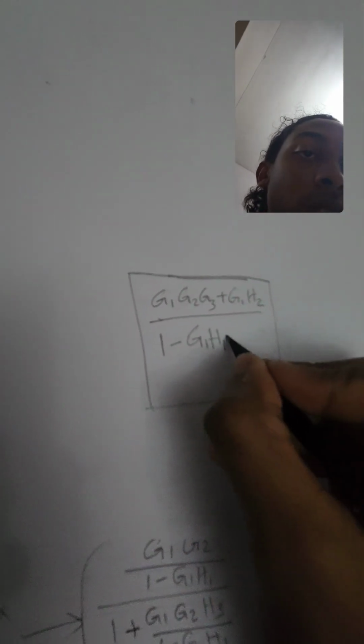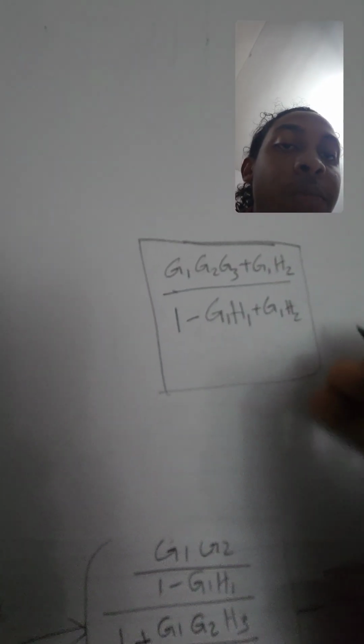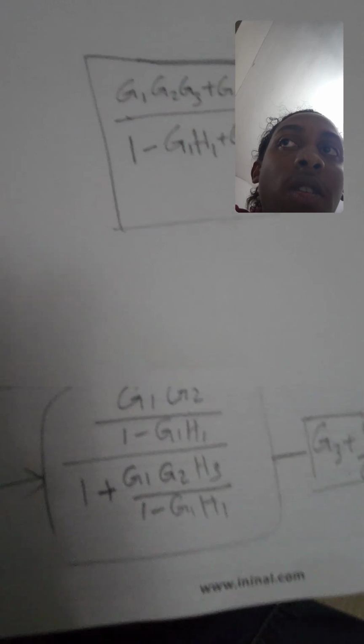So we have G1, and G2 G3 plus G1 H2, because we cancel this G2 with this G2, so over our denominator, 1 minus G1 H1 plus G1 G2 H3, and this is our final result.